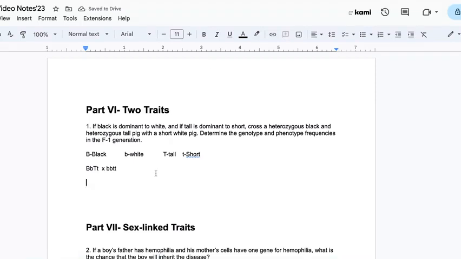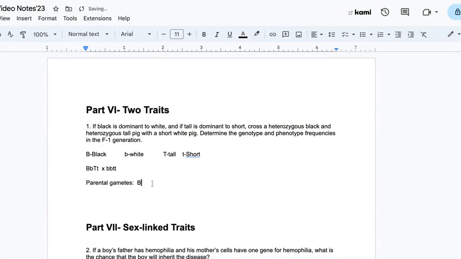Next, we would find the parental gametes. So this would be like the parental cross over here that I'm just highlighting right now. We would find the parental gametes. Okay, and so in our sex cells, we can only have one allele for every gene. So our first parent, we could use the FOIL method.